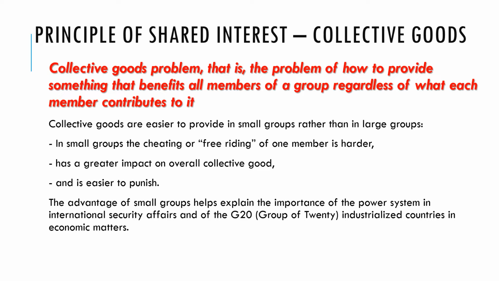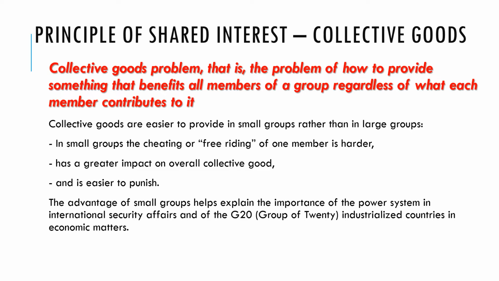The collective goods problem in small groups has a greater impact on the overall collective good, for the simple reason that it's easier to achieve a target if you are working on a smaller area rather than when you have to take into consideration multiple factors. And of course, when you're working in smaller groups, it's easier to punish when you see that the group is not following what they promised.